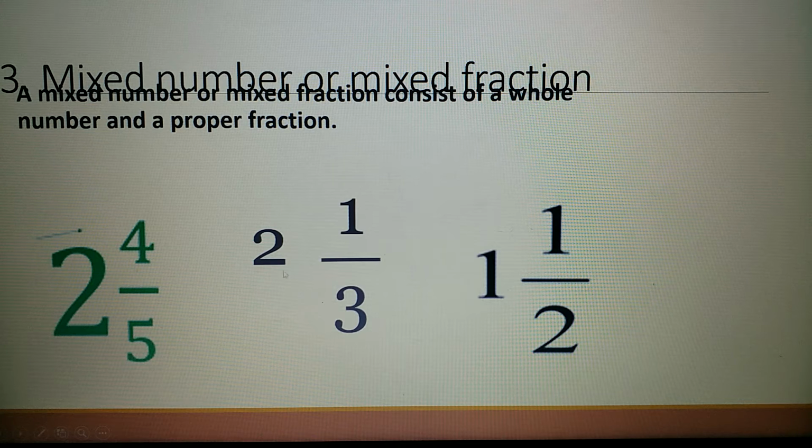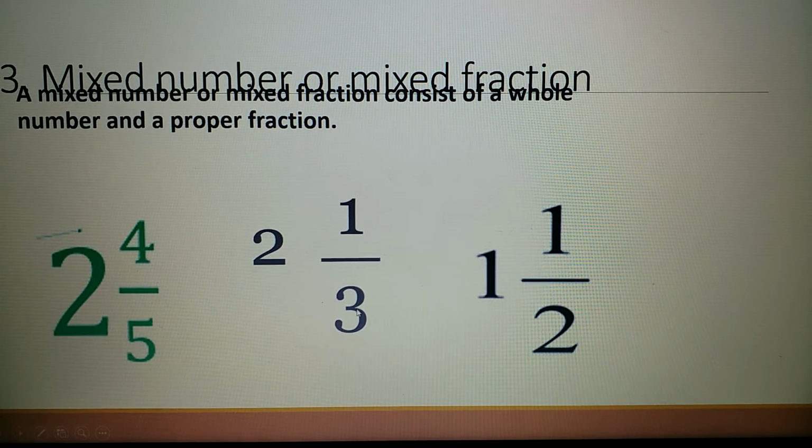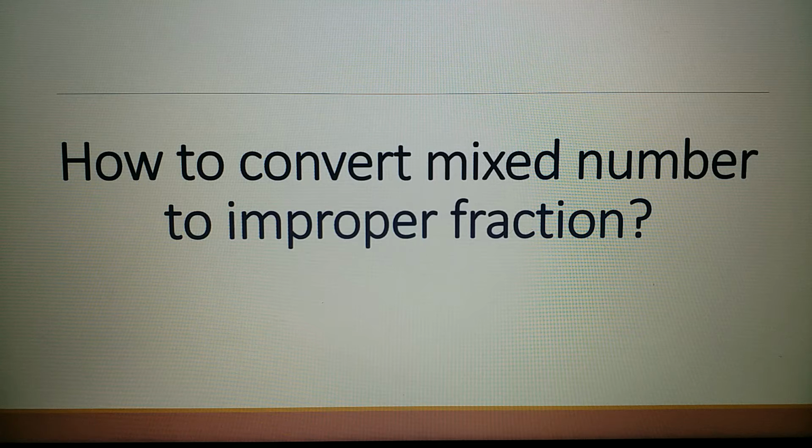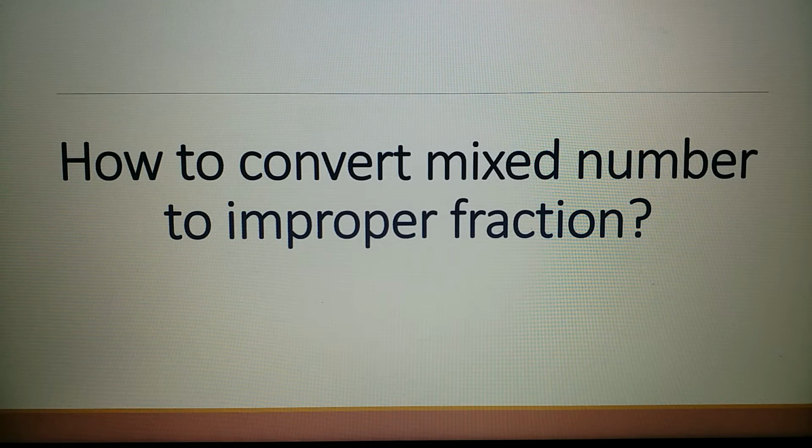Our whole number is 2, and a proper fraction, 1 over 3. So those are the three types of fractions: the proper fraction, the improper fraction, and the mixed number or mixed fraction.